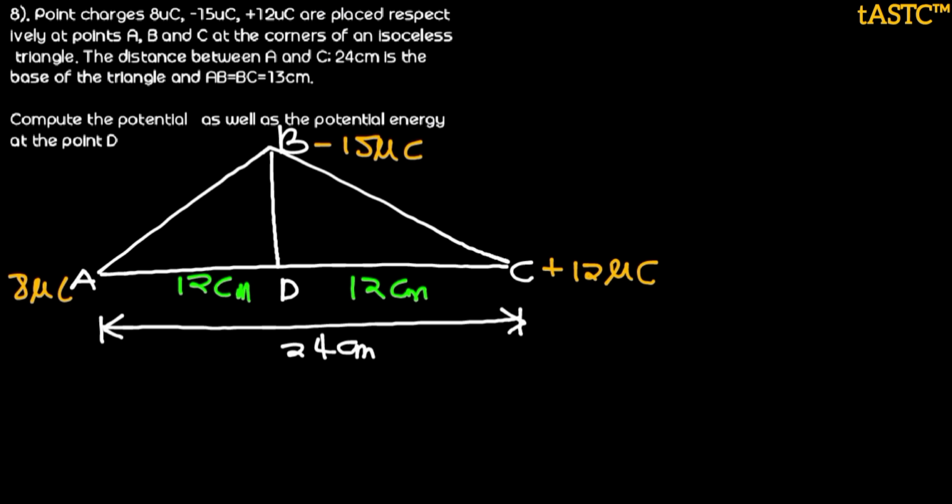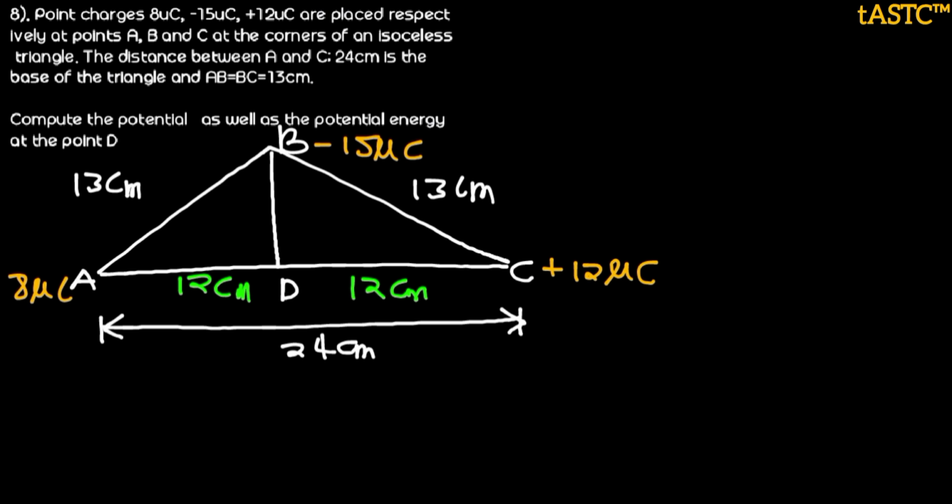Now they were given the distance between A and B, as well as B and C. They are basically equal, so this is going to be 13 cm. So from here, we need to compute the potential, as well as the potential energy at the point D.